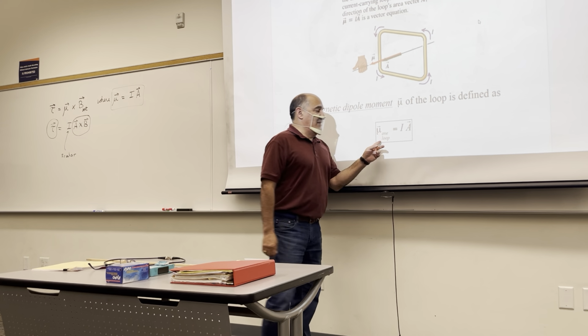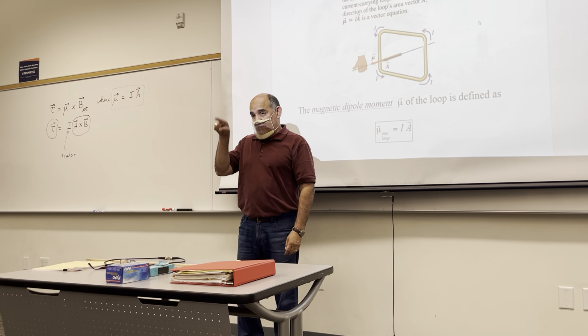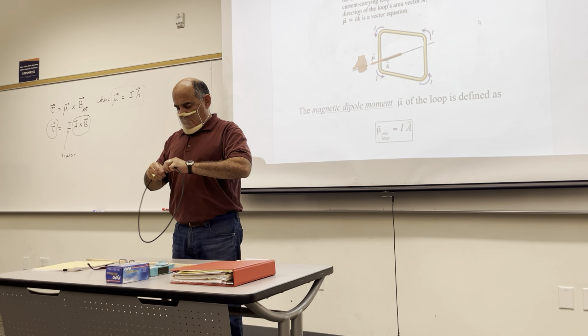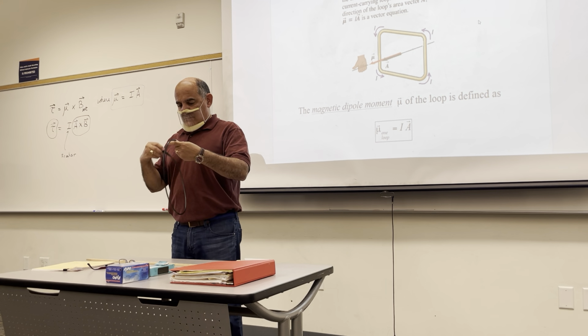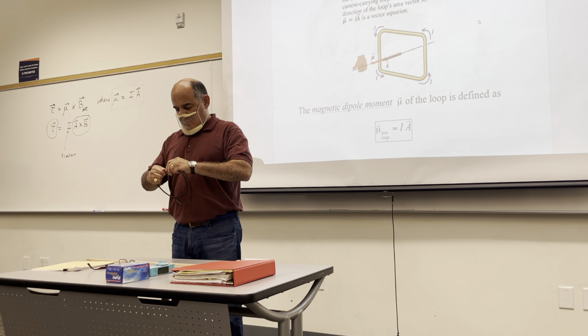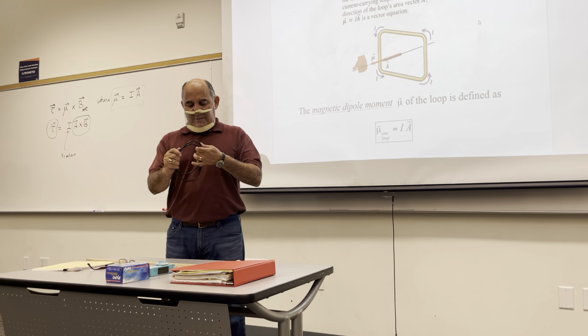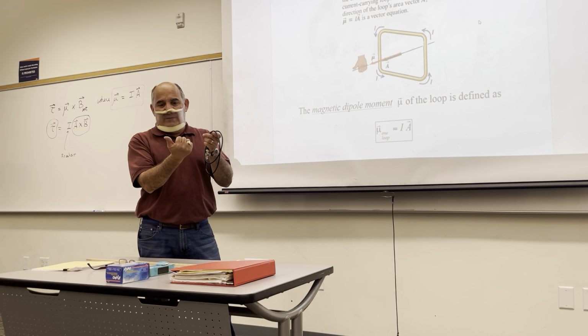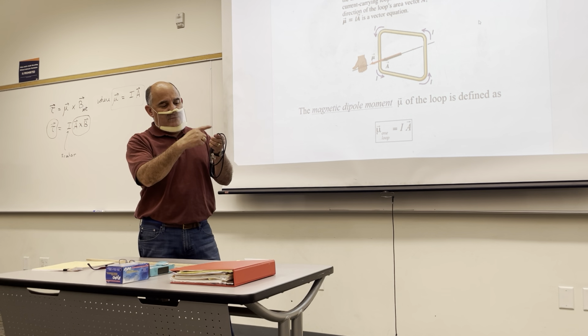The loop itself may have just one turn. What would happen if the loop has two turns? Like 1, 2. Then each turn has a magnetic dipole moment. Suppose the current goes this way.